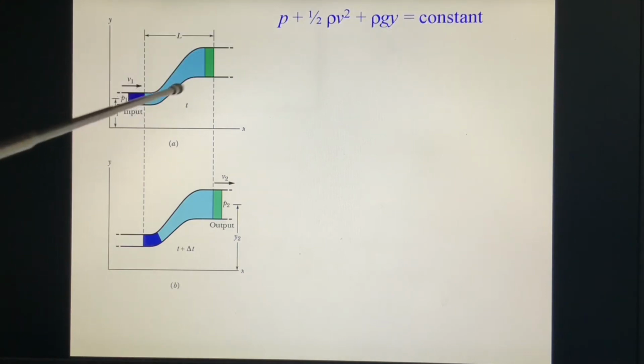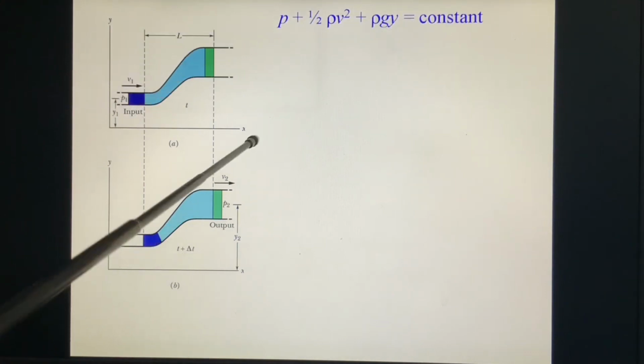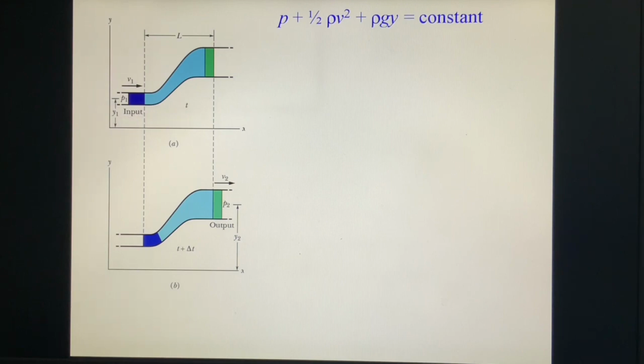You see, as the fluid goes up, it changes the velocity, and it changes the gravitational potential energy. What we do, we use delta K equals W. The work done by these forces, P1, P2, and the gravitational force, equals the kinetic energy change. What is the kinetic energy change?